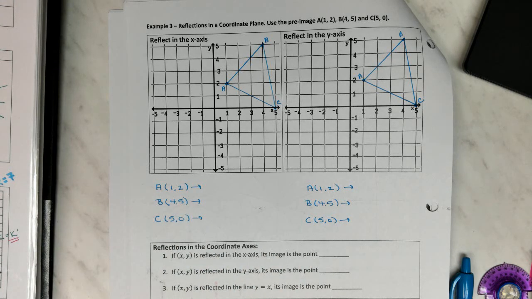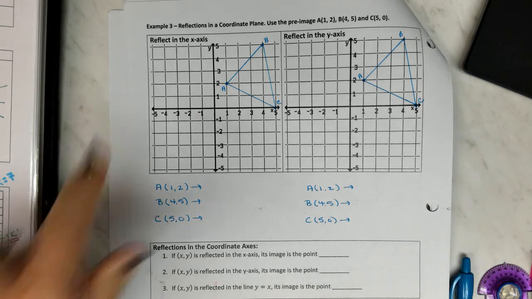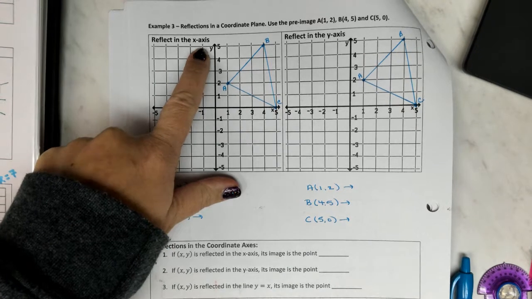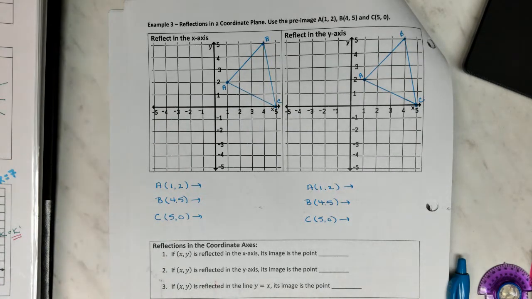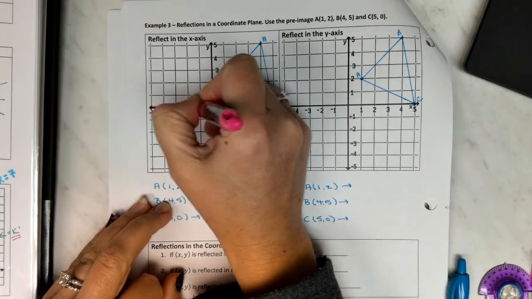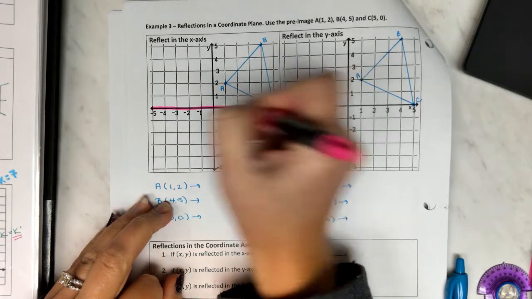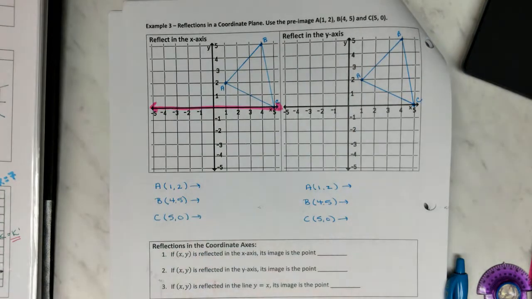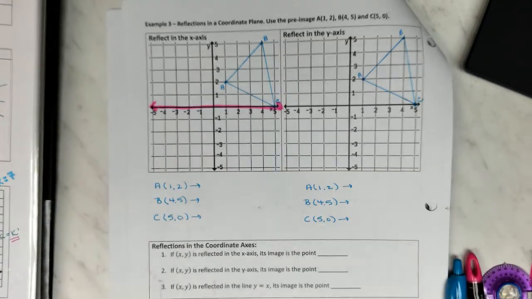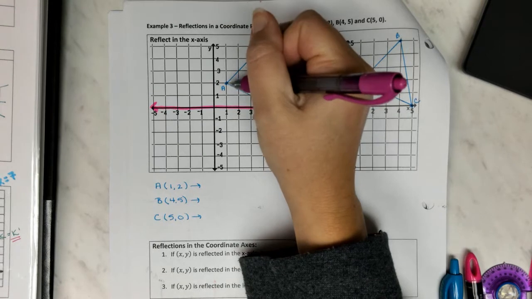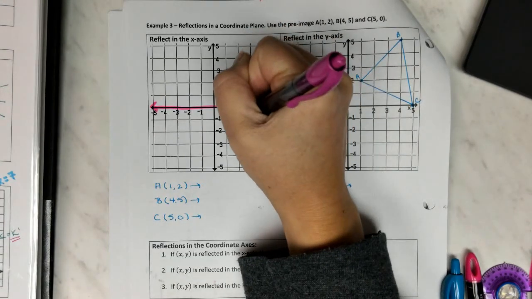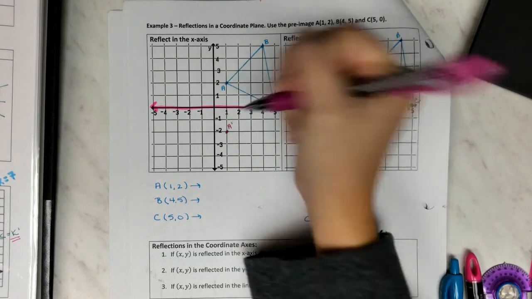Okay, so you should have all of this down already. So next it says that we're going to reflect in the x-axis. So what I want to do here is highlight the x-axis. And if I'm reflecting in the x-axis, all I'm going to do is A is 2 above, so A prime is going to be 2 below, and I'm going to mark it.